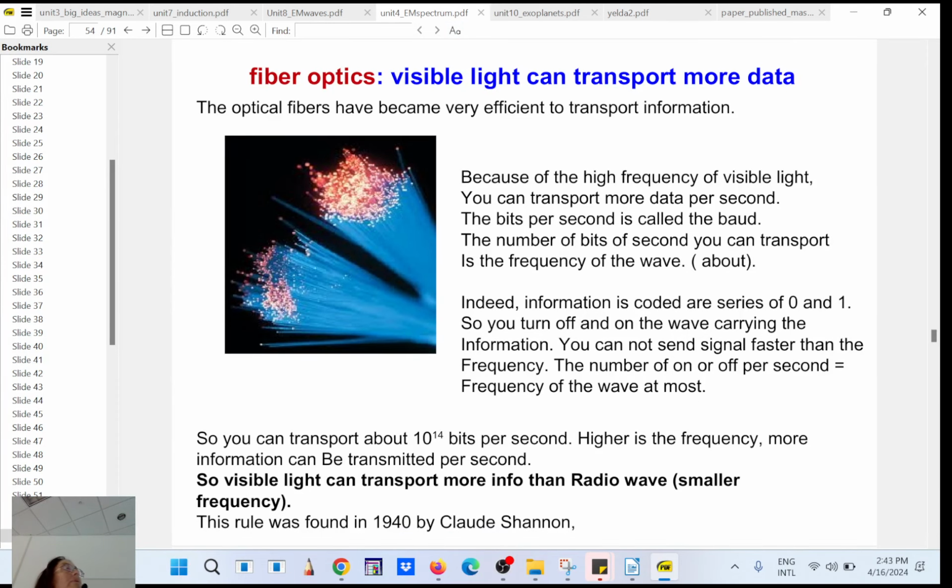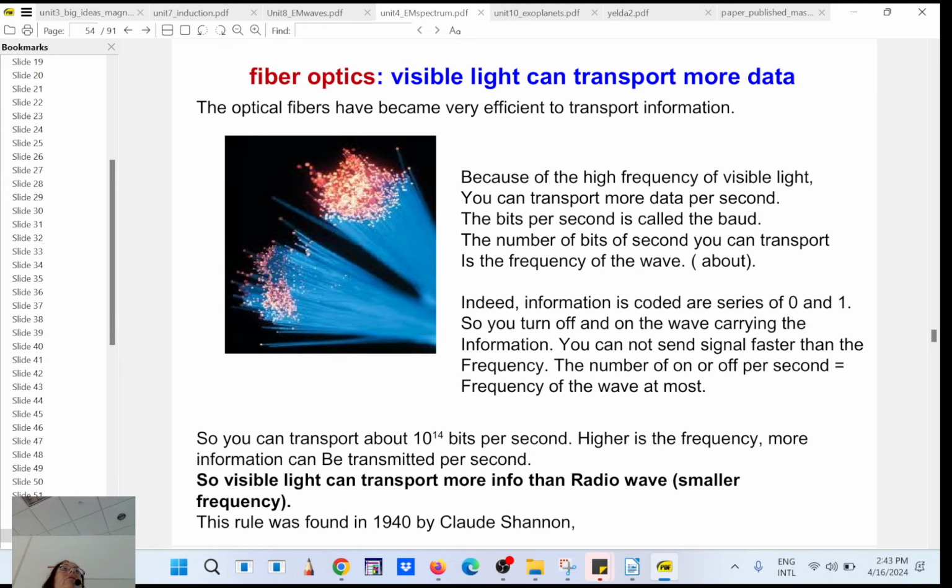So there is a principle that if you want to carry information like bits, okay, so Wi-Fi or, I don't know, audio signal or video signal, so it's digital: 01100110001. So each bit could be a 1 or a 0. The number of bits per second that you can transport depends on the frequency of the wave you are using.